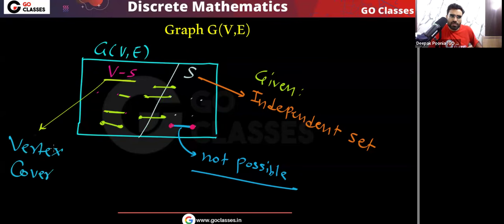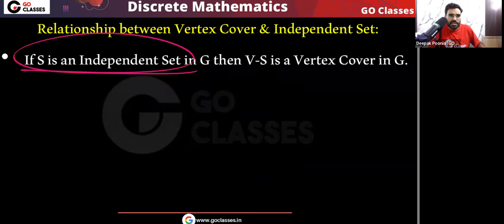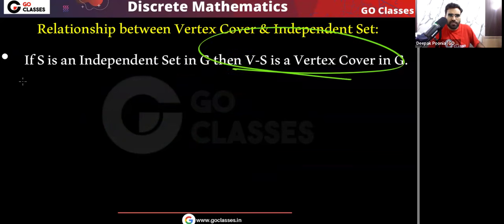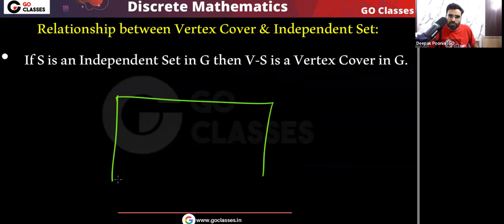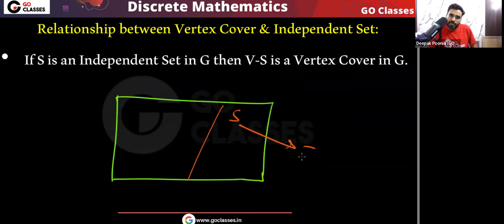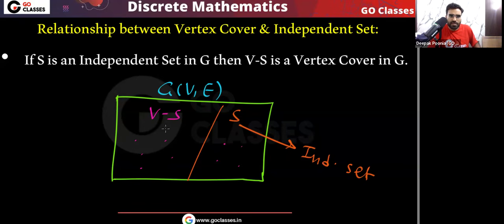That's it. So what have we proven? We have proven that if S is an independent set in the graph G(V, E), then the remaining vertices V minus S will be a vertex cover.